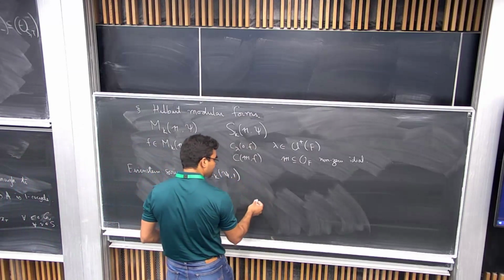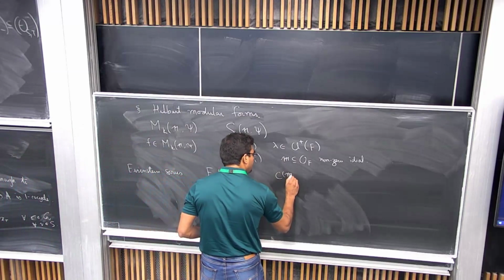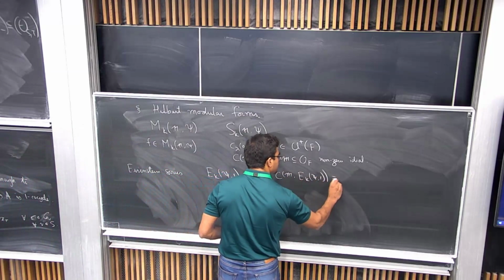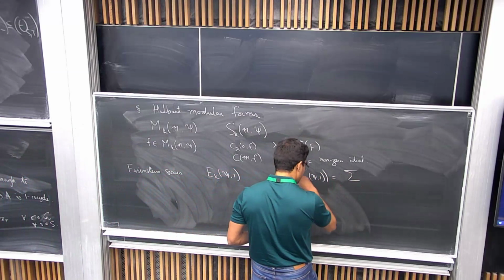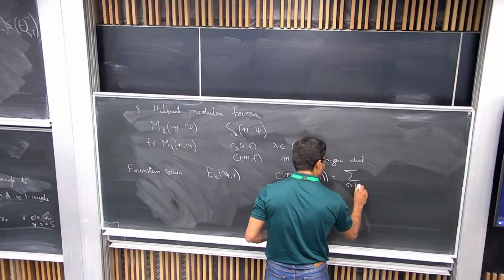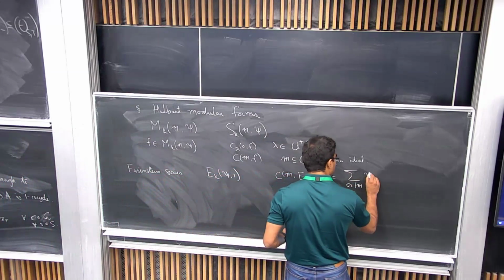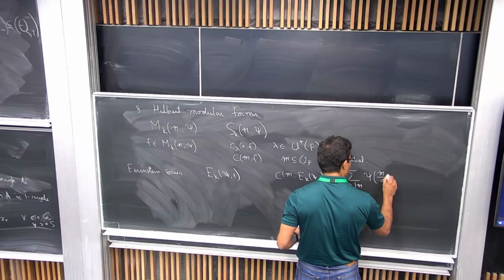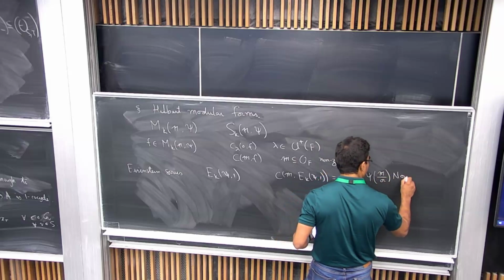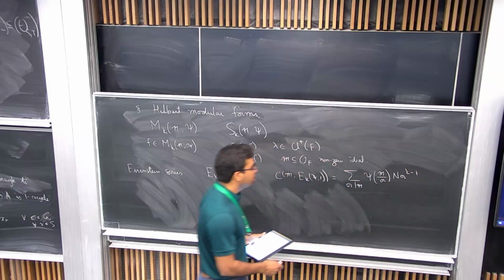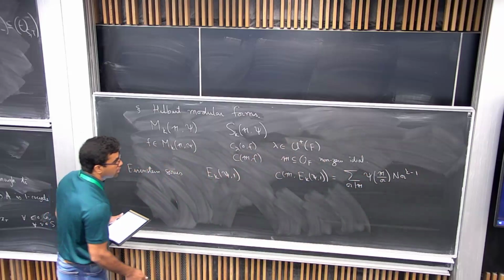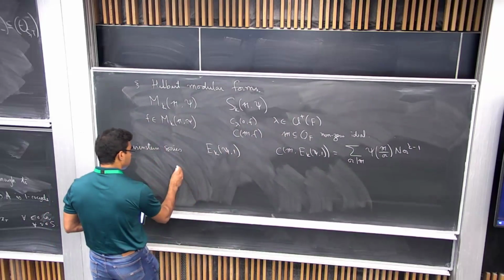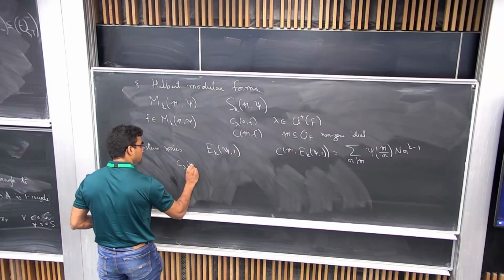And what are the non-constant terms of this? These are exactly what you would expect them to be: the sum over all a dividing m of psi(m/a) times the norm of a to the k minus 1, divisor sums. And then the constant term is somewhat complicated.